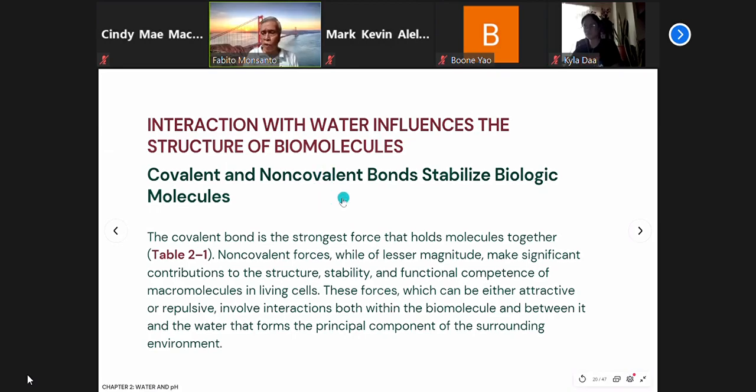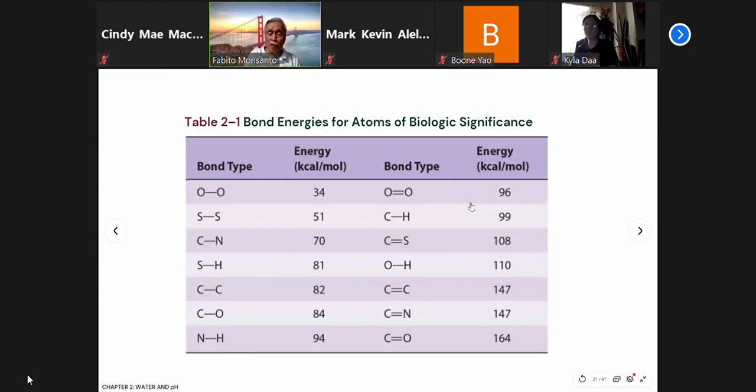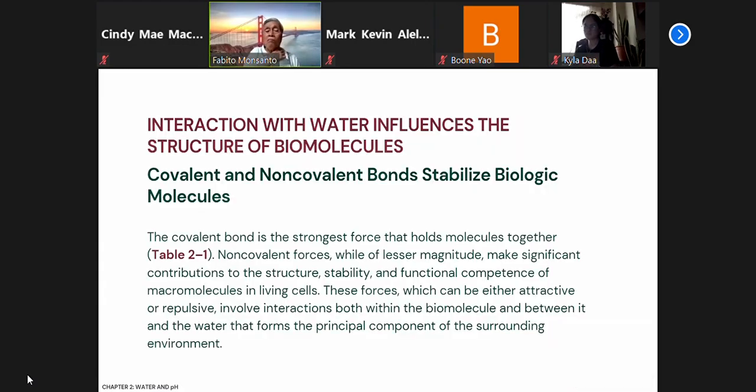Why do you need to break these bonds? For example, in the process of digestion, the bonding of the peptides, of the amino acids, would of course require energy to break the bond. So you will notice that there are bonds that would require a large amount of energy to break.